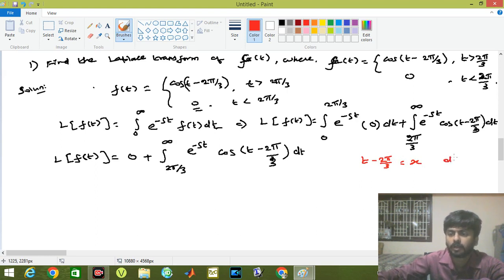Then on differentiating on both sides, the 2 pi by 3 will become 0, so dt equals dx. Now I have to transform the limits from t to x.